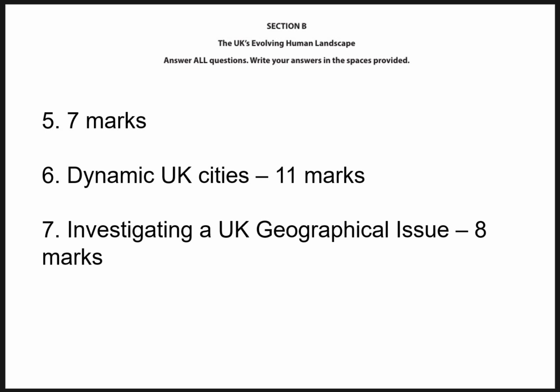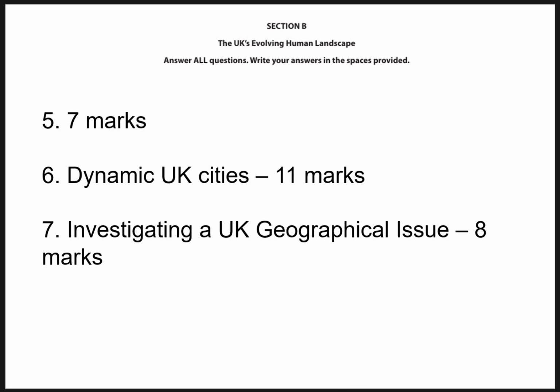So that's section A. Now section B includes an 8-mark question, and I'm going to show you all the different types in a second, and then you've got dynamic UK cities, which is 11 marks, then you've got investigating UK geographical issue.